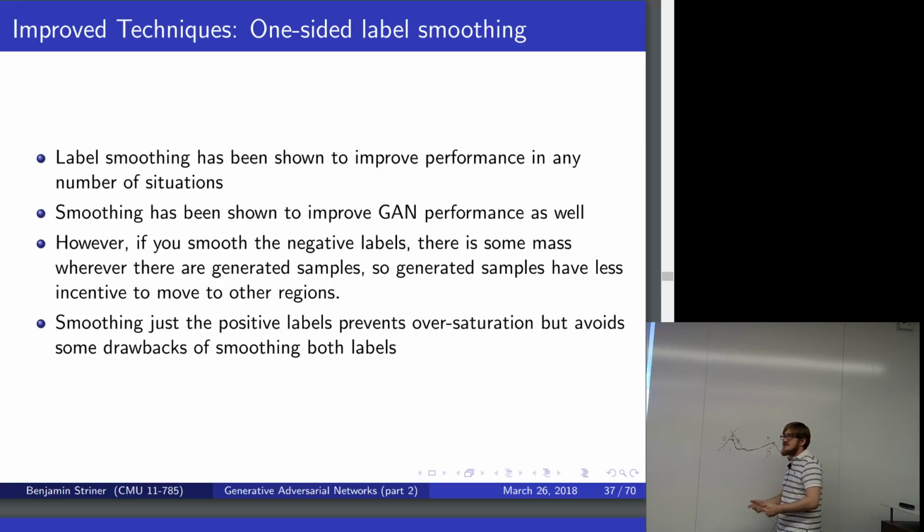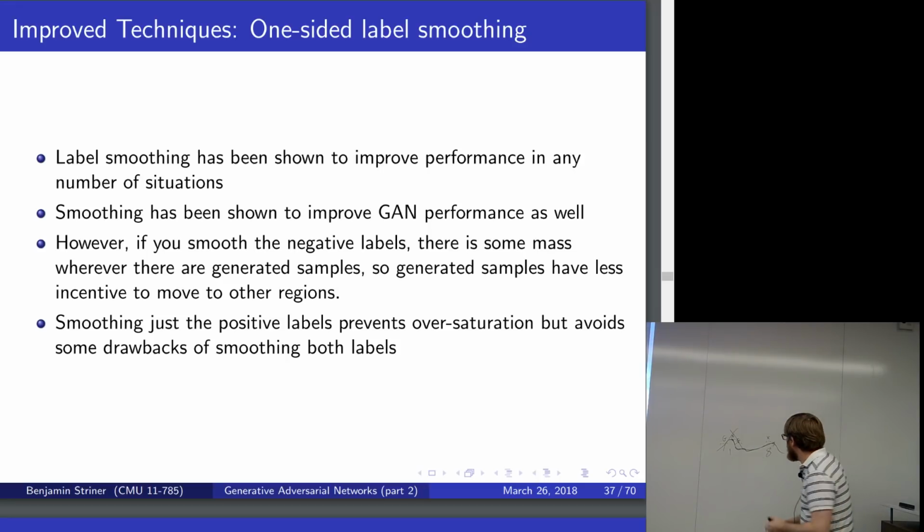That part makes sense. The problem with smoothing your fake data is if your discriminator is trying to output a 0.1 for fake data, then you're not telling the fake data that it needs to move out of that area. So you want that to be 0, so you're sure that your generated data is getting out of there.